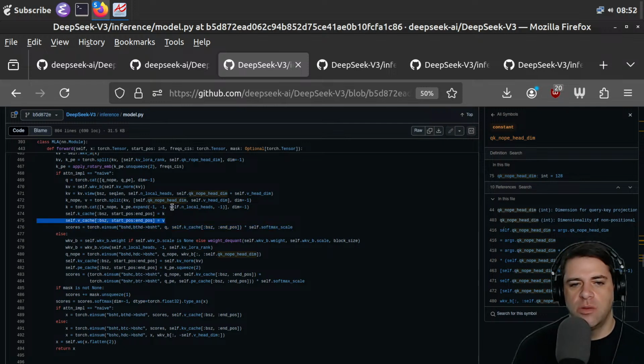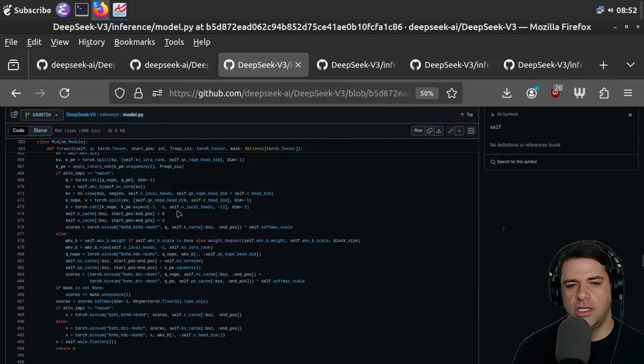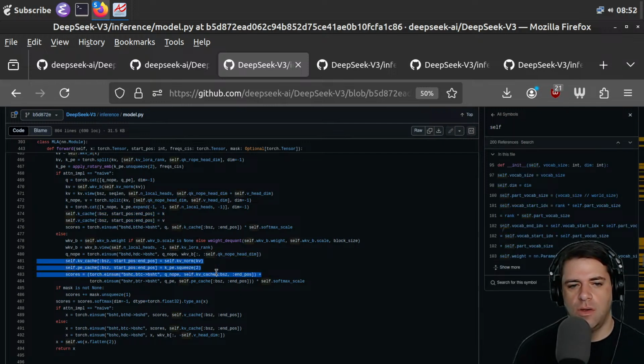So in this case, it looks like we're caching both K and V. But what are we doing down here? This is maybe more like multi-head attention, and maybe this is the MLA. I don't know. So it looks like down here, we're taking the KV norm of KV and sticking it in a KV cache, so caching them together.